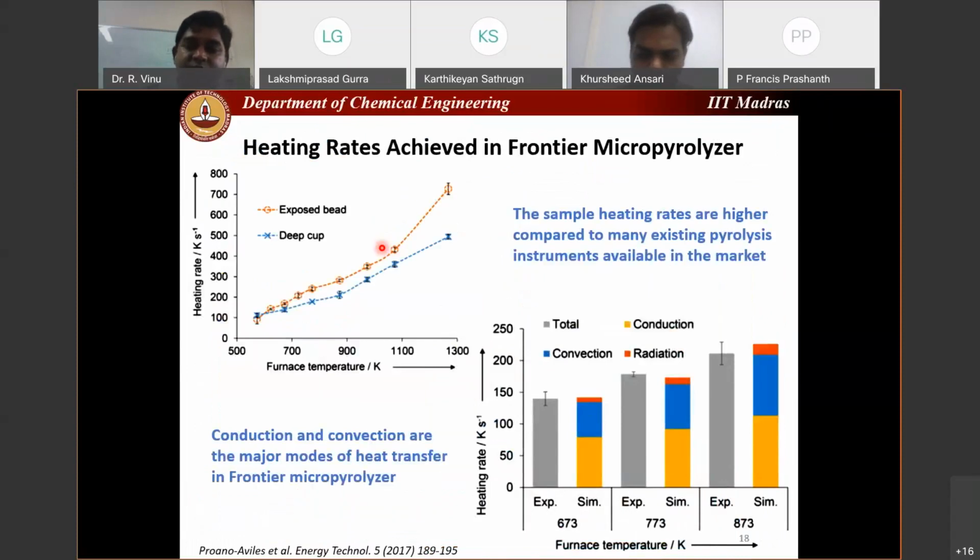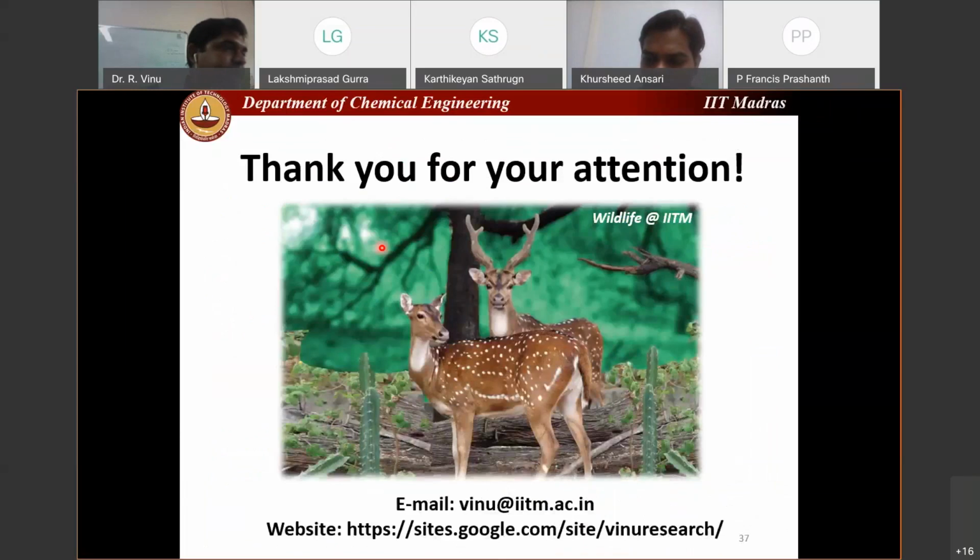They have shown that it is typically 50-50 convection and conduction in a furnace type micropyrolyzer, whereas in a Curie point pyrolyzer, I would say there is no possibility of convection because the sample is simply packed within the pyrofoil plates. So it is predominantly conduction, and that may be a reason. Conduction may be more dominant in a Curie point pyrolyzer. That's actually a good point.